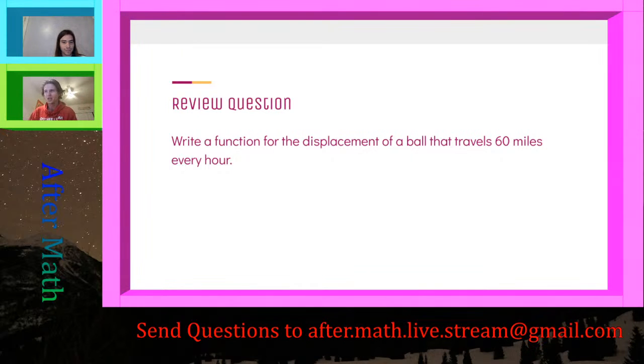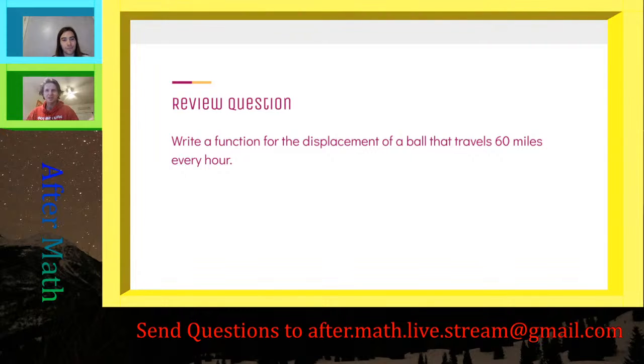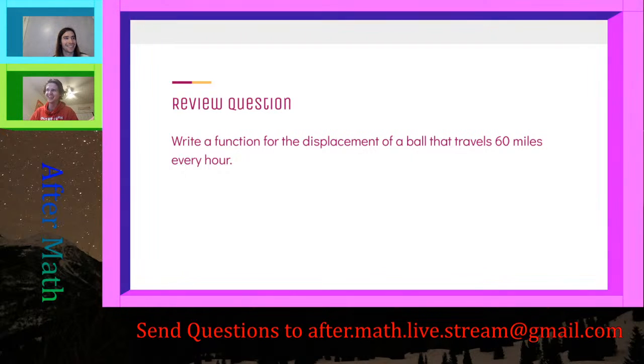Our question is: write a function. We should all know what functions are because we were present last week. So, write a function for the displacement of a ball that travels 60 miles every hour.